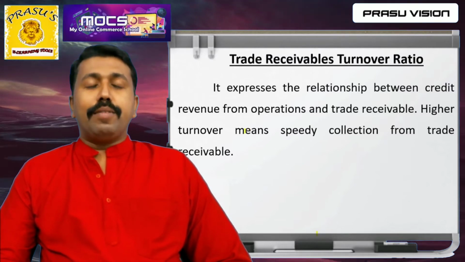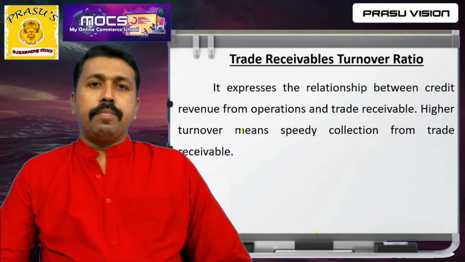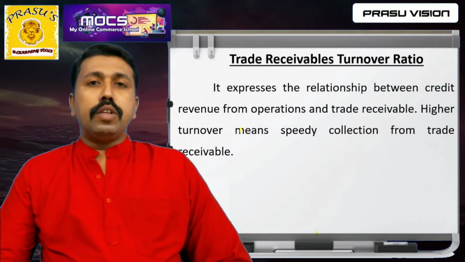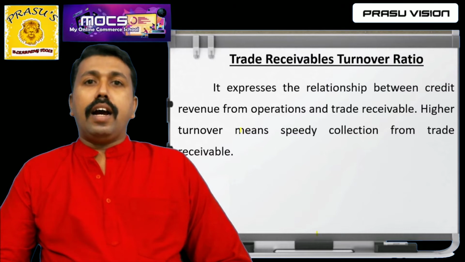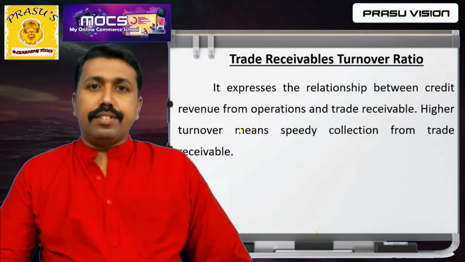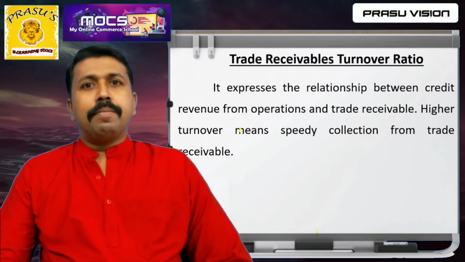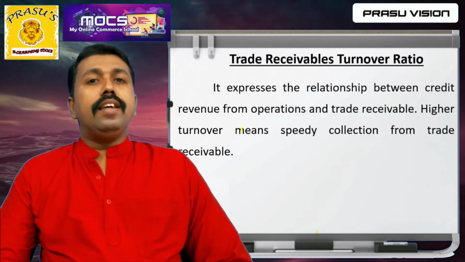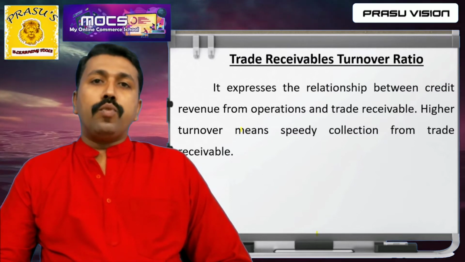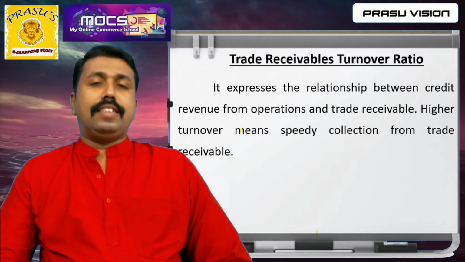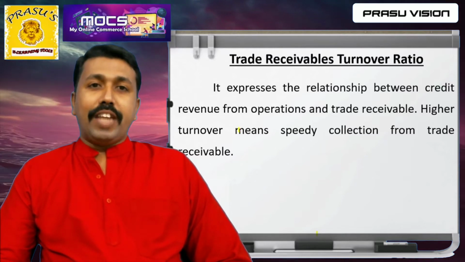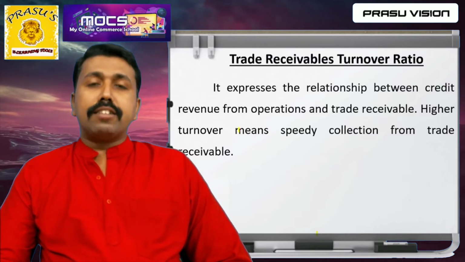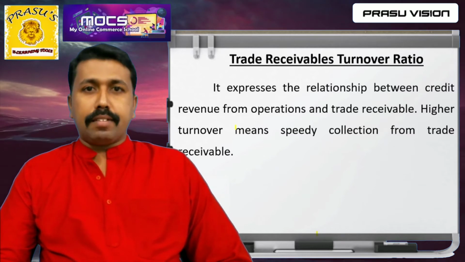Credit revenue is the outcome of credit sales. How much time will it take to convert the debtors into cash? That means how much time we will take to collect the amount from the debtors.